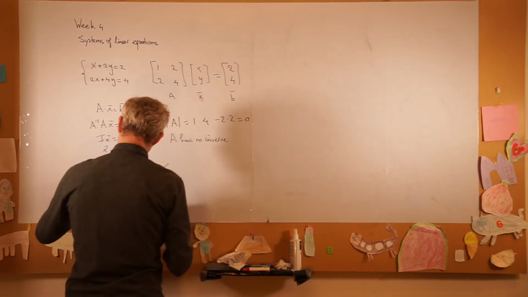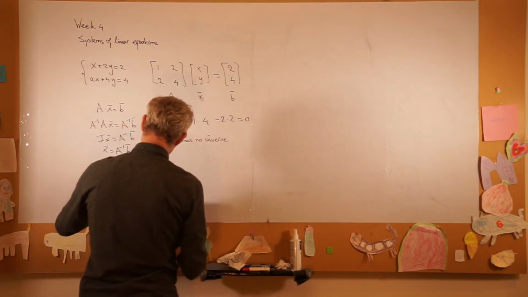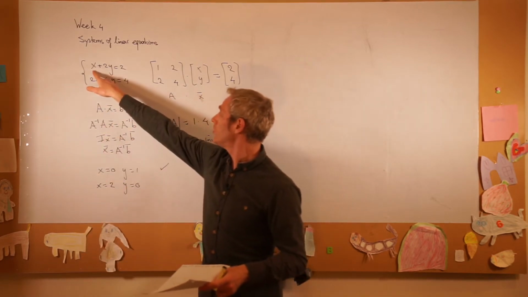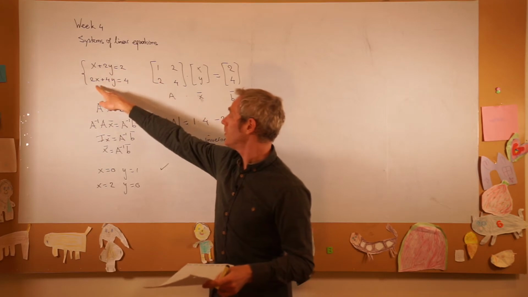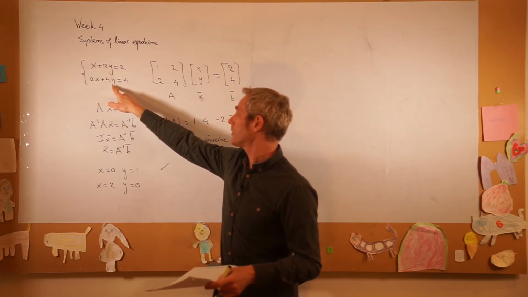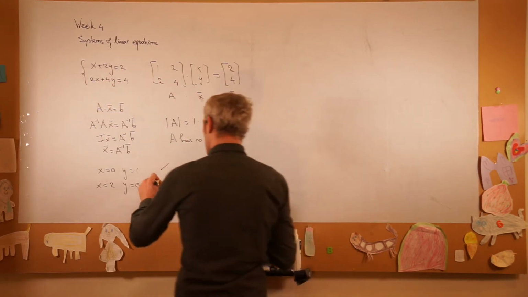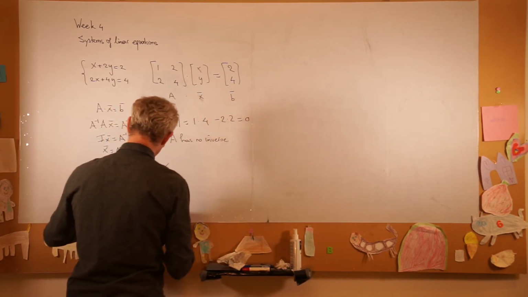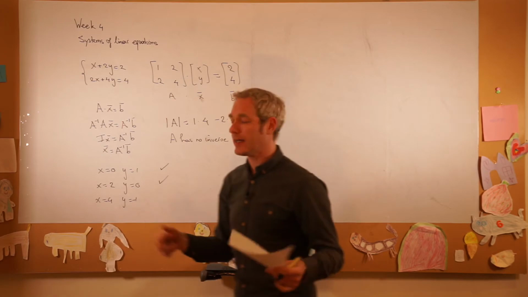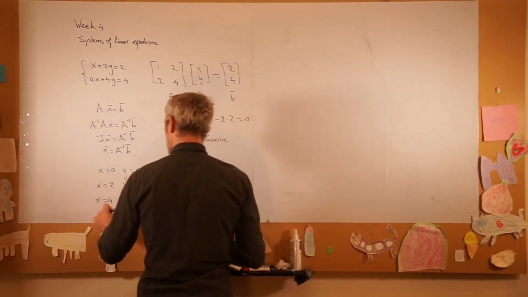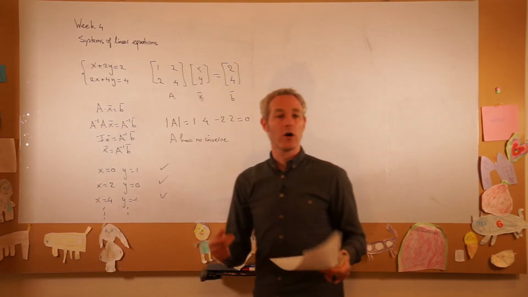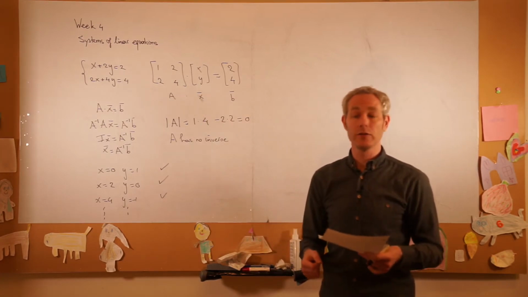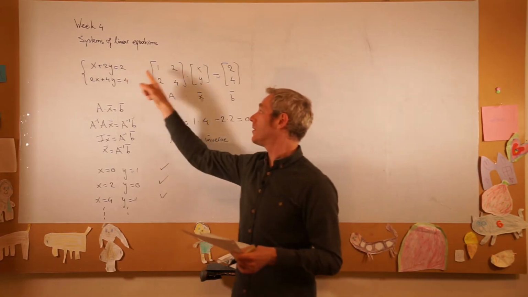Let's look at x is equal to 2 and y is equal to 0. 2 plus 0 is equal to 2, and 2 times 2 is 4, plus 4 times 0 is 4. This is also a solution. And x is 4 and y is equal to minus 1. If we check this, this is also a solution, and the list goes on and on. There are, in fact, infinitely many solutions to this set of equations.